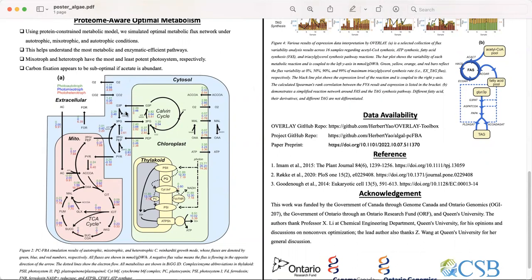You can see in detail later, but basically the autotrophic has more chloroplast involvement and larger photosystem than the heterotrophic. And mixotrophic is even more interesting, and we recommend mixotrophic conditions for biotechnology applications.